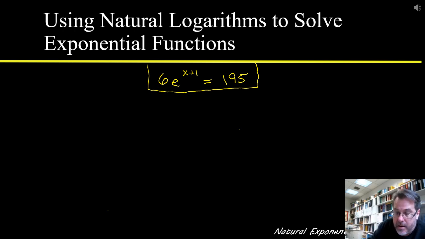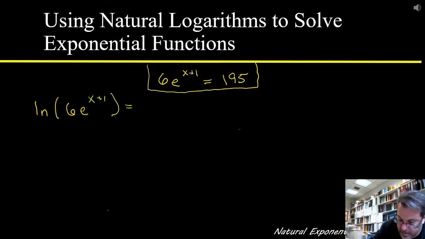where the log of a product is the sum of the logs. So if we just start with this and take the natural log of both sides, we get natural log of 6e to the x plus 1 equals natural log of 195.